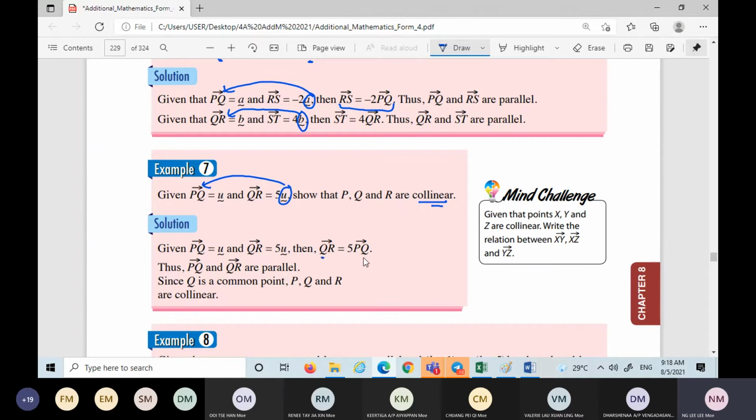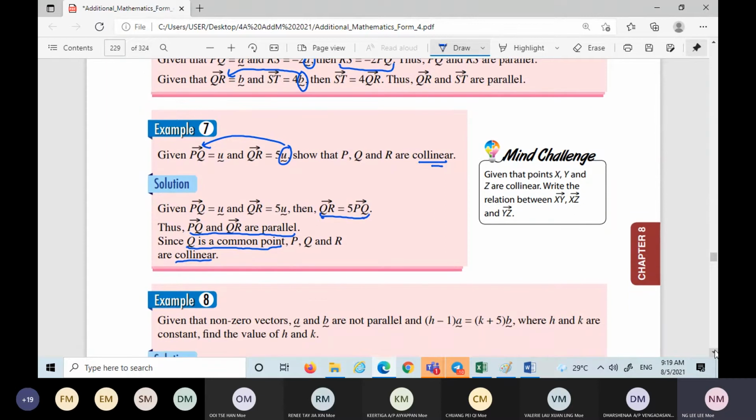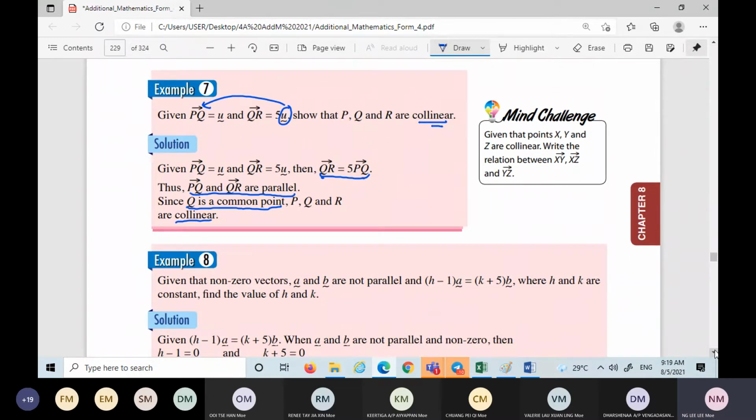Yes, the common point is Q. Therefore P, Q, and R are collinear. All this you must write out: which one is the common point, what is parallel, and how they relate with the scalar. Then only make the final conclusion that they are collinear. So this is example 7, about collinear.